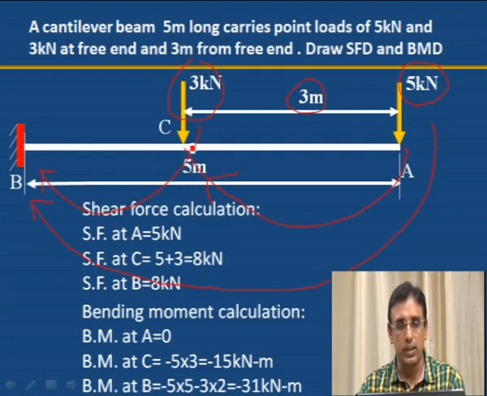What is the distance from C to B? C to B is 5 minus 3, that is 2 meter.